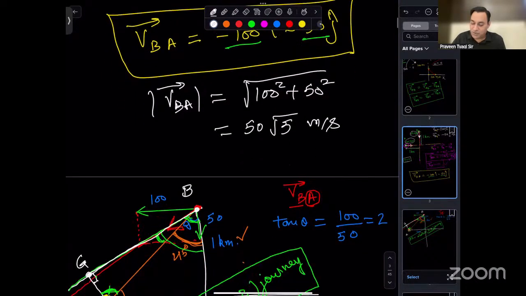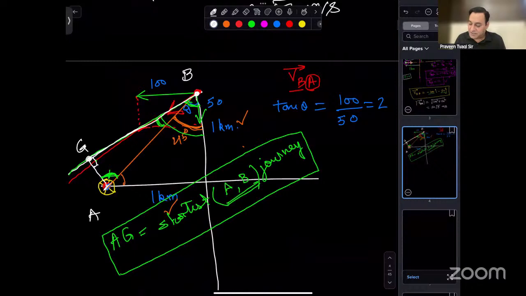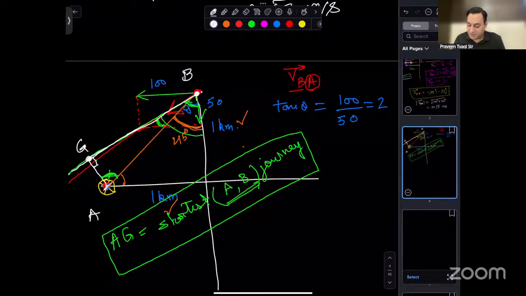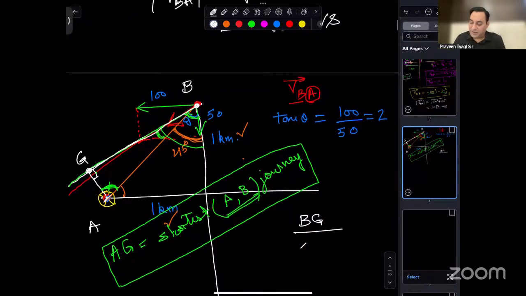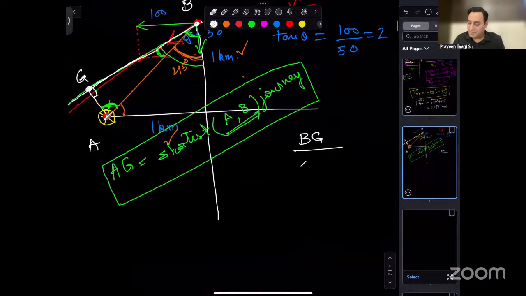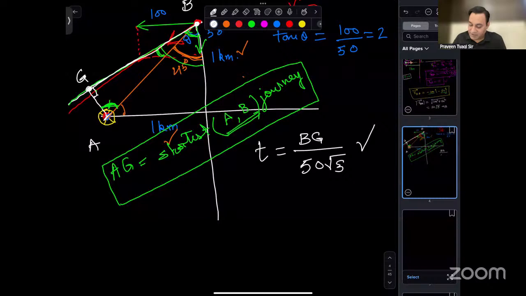And using this BG distance, we'll find BG distance divided by 50 root 5. So relative displacement divided by relative velocity will give you the time also. Now, these two will be the answers.